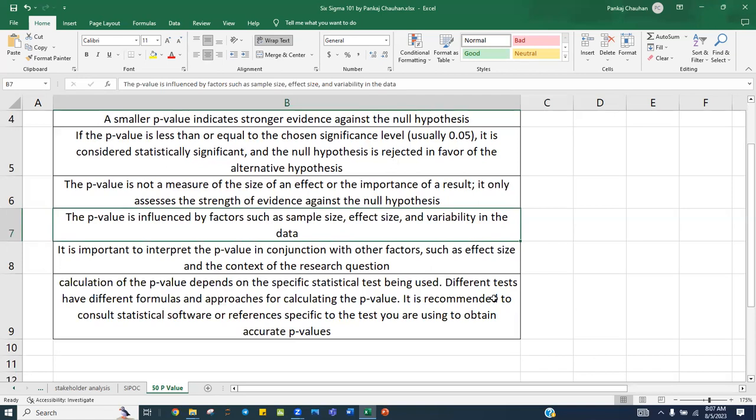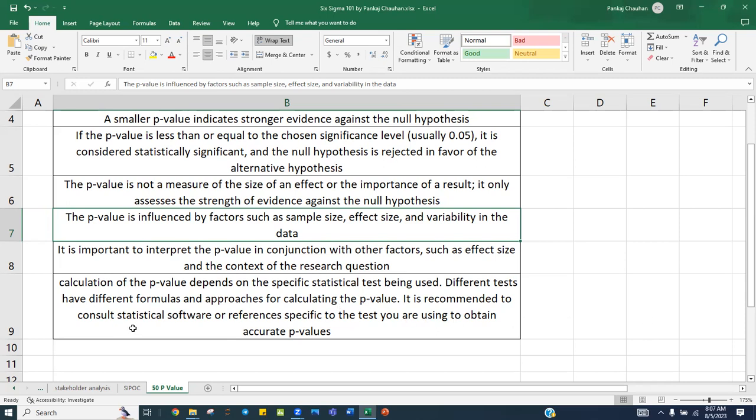The calculation of the p-value depends on the specific statistical test being used. Different tests have different formulas and approaches for calculating the p-value. As per the test, the sample size, and the context we are trying to prove, whether we are comparing the mean, median, variation, or defect rate, we decide the formula, calculate the statistic, and then look up the probability value for it.